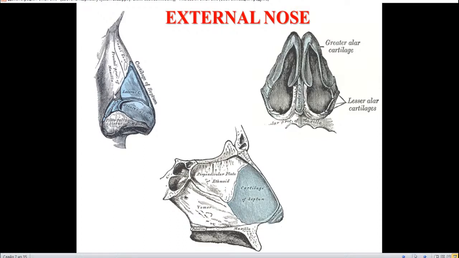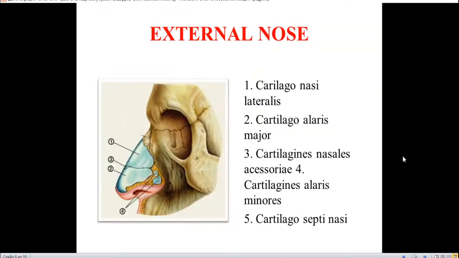The cartilaginous part is represented by cartilages, which you can see in the picture: cartilago nasi lateralis, cartilago alaris major, accessory nasal cartilage, cartilago alaris minor, and cartilago septi nasi. So all these cartilages form the relief of the nose.